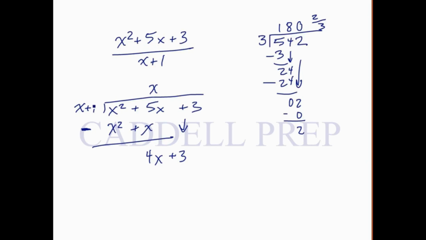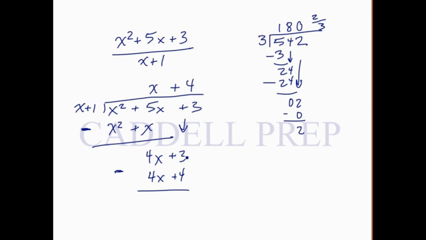And how many times does x plus 1 go into 4x plus 3? So just like before, we only care really about the first term. How many times does x go into 4x? What do you have to multiply x by to get 4x? A positive 4. So 4 times x plus 1 gives us 4x plus 4.